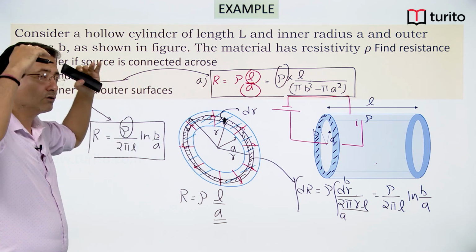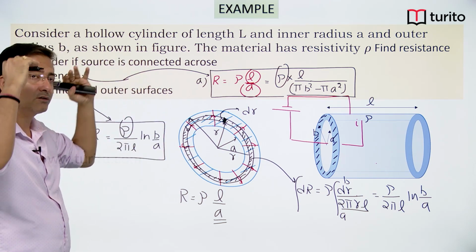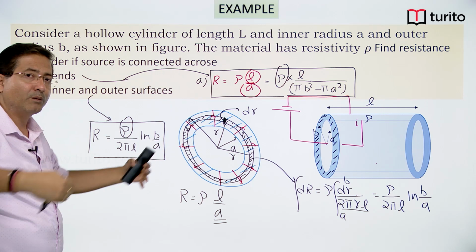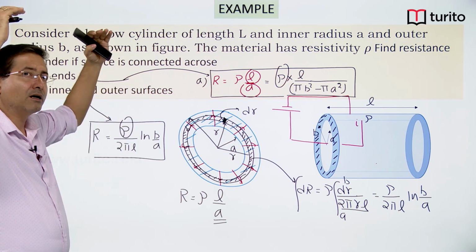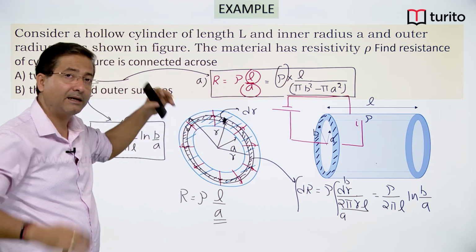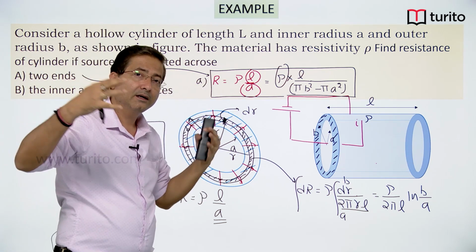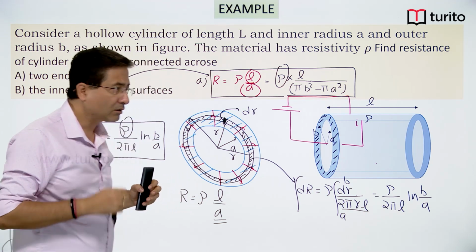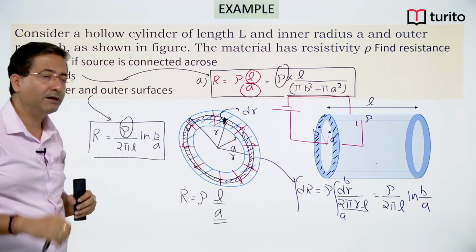The area you face at the inner surface will be 2 pi a into L, and when you are about to come out from the outermost surface, the area will be 2 pi b into L. So everywhere current faces a different area.